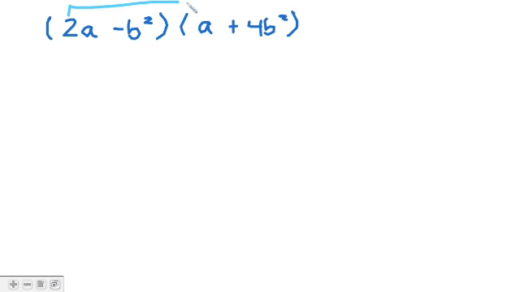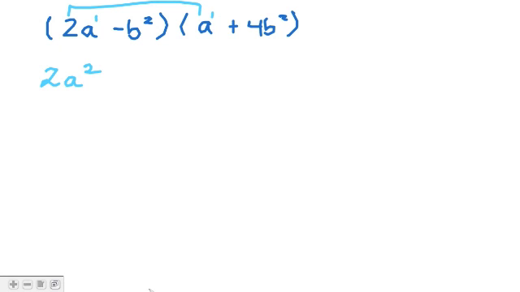Okay, so we have 2a minus b squared times a plus 4b squared. Let's do our first numbers. That's going to be 2a times a, which would be 2a squared, because this is 1 and 1, so 1 plus 1 gives me 2.